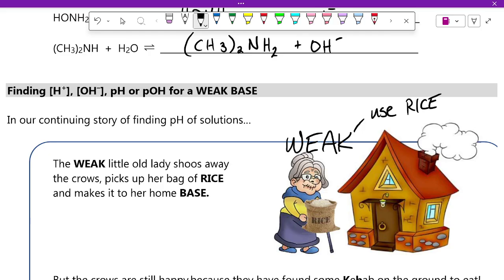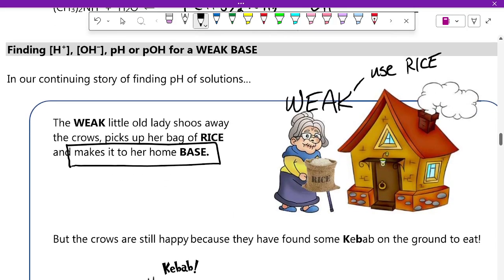Now, remember when it was an acid, the bag of rice fell on the ground, but now it's a base, so she makes it to her home base. So there's no rice falling on the ground. She picks up her rice, makes it to her home base, so there's no rice on the ground.